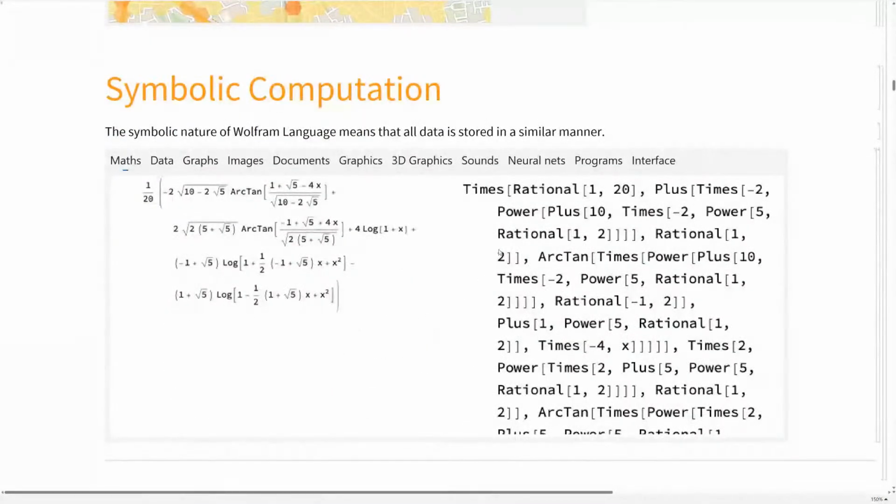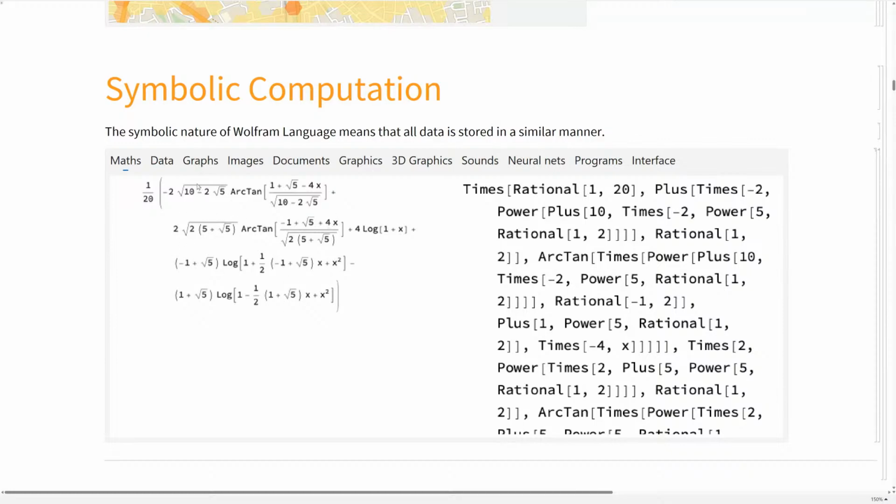So yeah, that's the integration part of the Wolfram language, and now we're talking about the symbolic computation side. The symbolic nature of Wolfram language means that all data is stored in a similar manner.